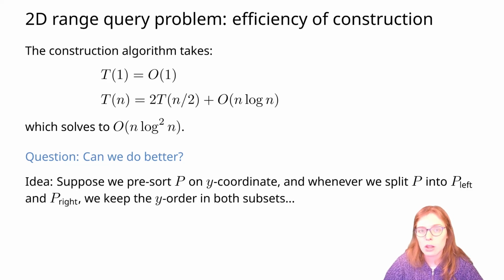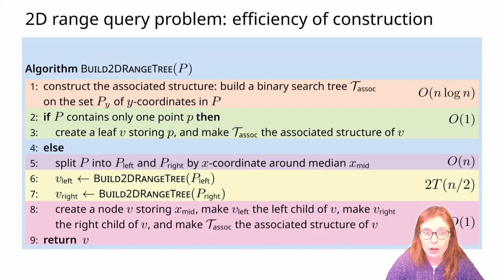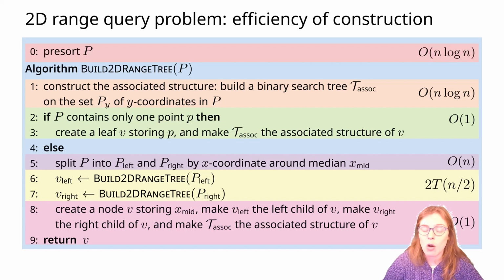So what if we don't need to sort by y-coordinate every time we call the algorithm, but instead we pre-sort the points on y-coordinate, and whenever we split the point set into P left and P right, we maintain this order by y-coordinate.